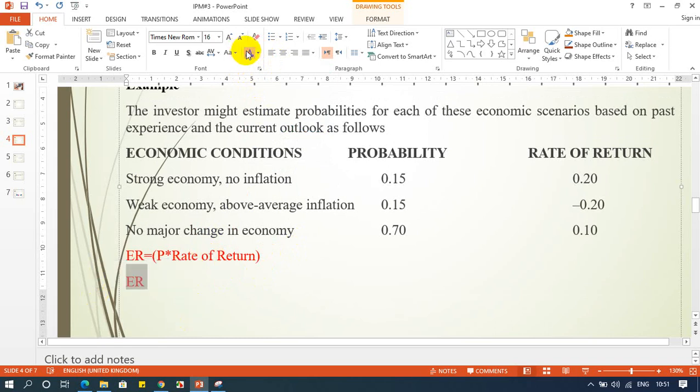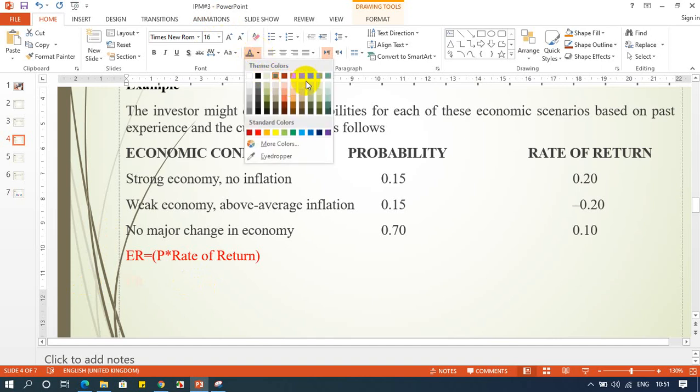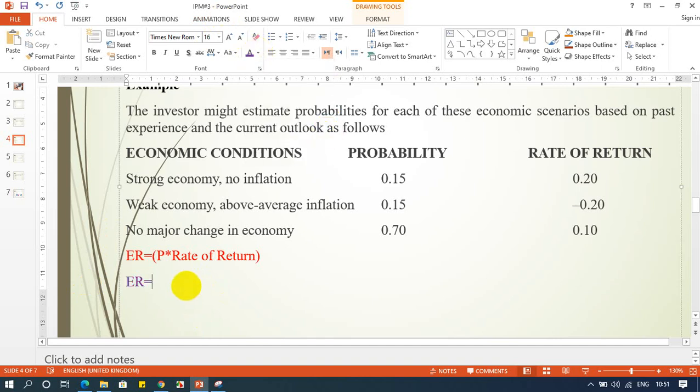My expected return is equal to probability, so what is the probability of the first one? 0.15 multiplied by 0.20, plus the next one, which is average, 0.15 multiplied by minus 0.20, plus the next one, 0.70 multiplied by 0.10.